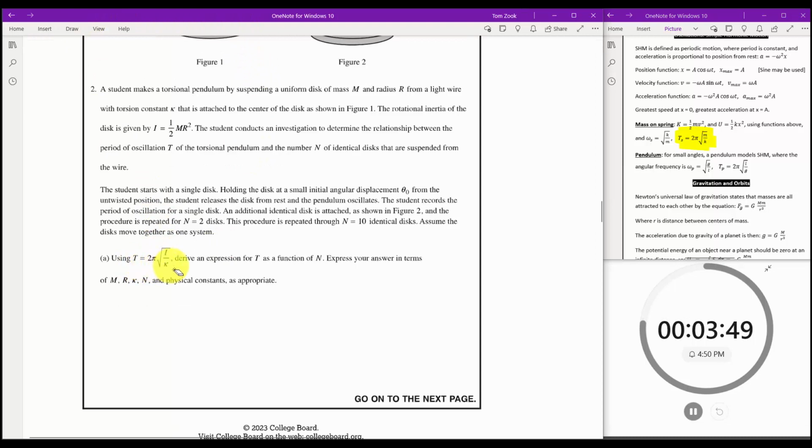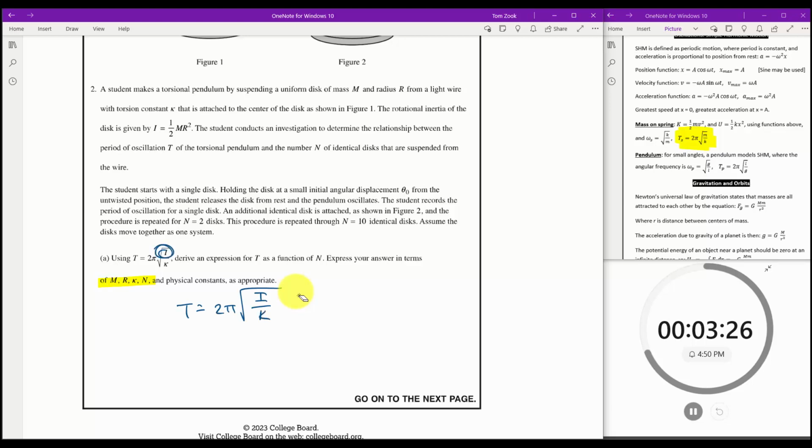They say, using this equation, derive an expression for the period T as a function of n. Okay, well, first off, it's always important to take a look at what list of variables they want your answer to be in. By the way, a minute and a half has already passed. So capital T is equal to 2 pi square root of I over that kappa.